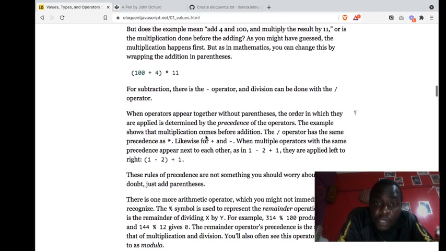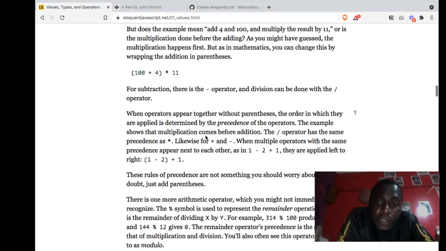When operators appear together without parentheses, the order in which they are applied is determined by the precedence of the operators. The example shows that multiplication comes before addition. The / operator has the same precedence as the asterisk. Likewise for plus and minus.